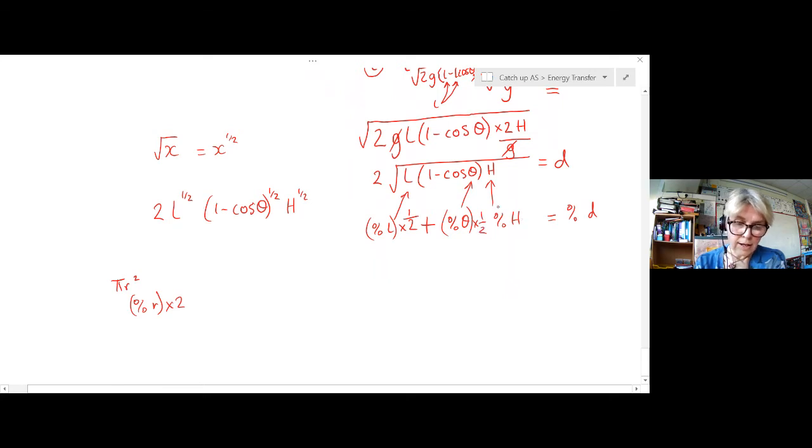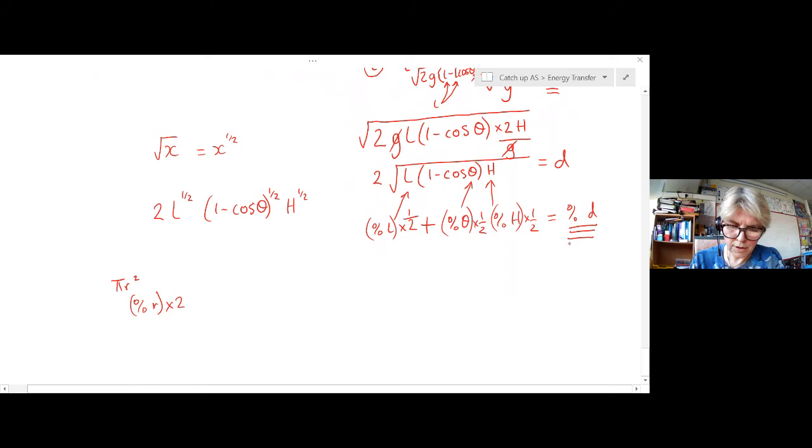All right, and then again times the percentage uncertainty in the h by a half because they're all in the square root, and that will give you your percentage uncertainty in d. You cannot add the raw uncertainties. You have to work out the percentage uncertainty and then you can add the percentage uncertainties up, as long as you've multiplied it by the exponent that they are in the equation to work out the final value.